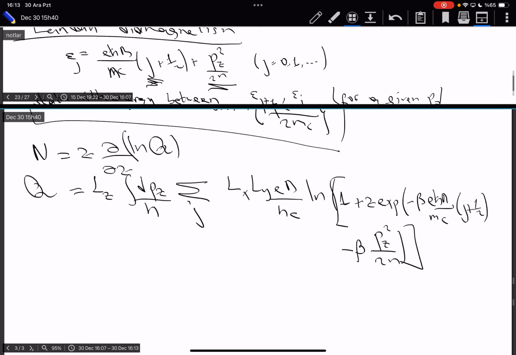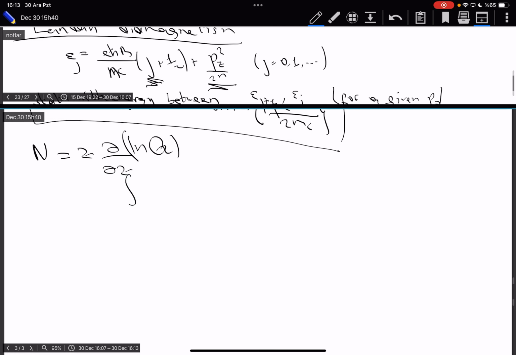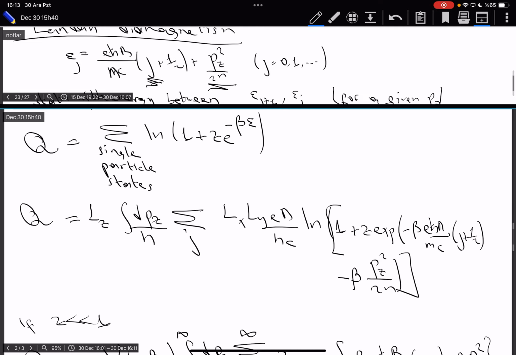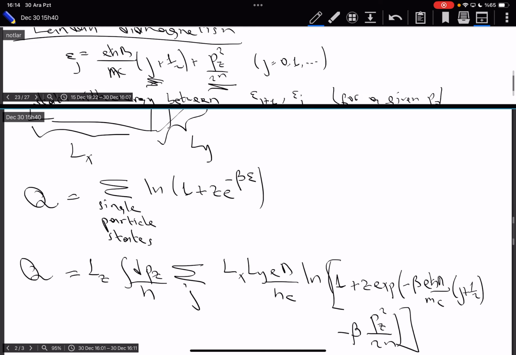Sorry. This is not the partition function. This is the Q potential.